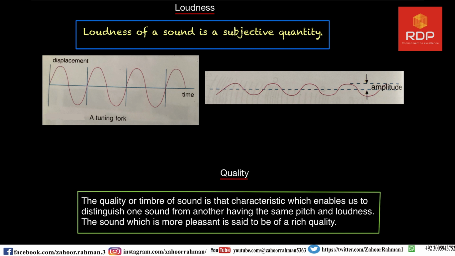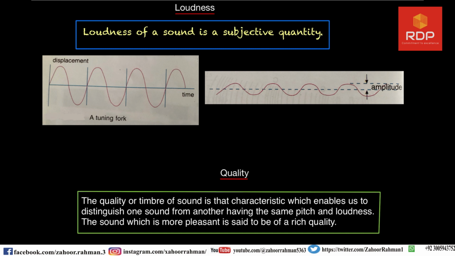Dear learner, if the amplitude is the same and the frequency is also the same, then can we differentiate between these two sounds? Yes, we will differentiate between the two sounds, if the amplitude and the frequencies are the same, by its quality.